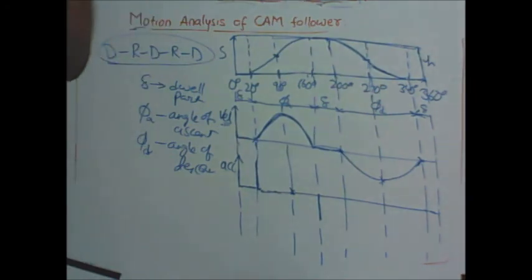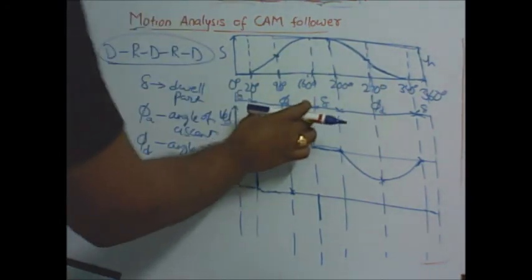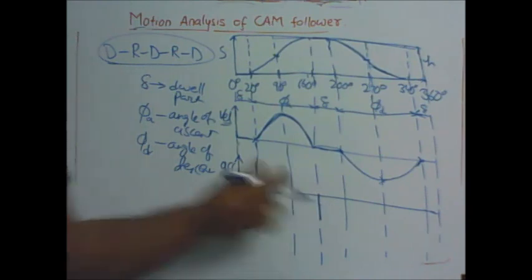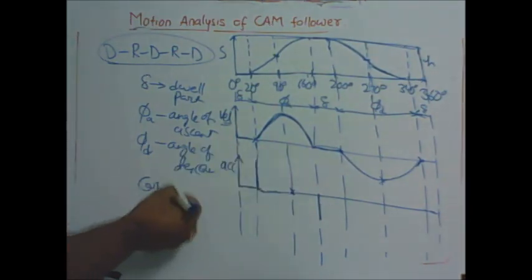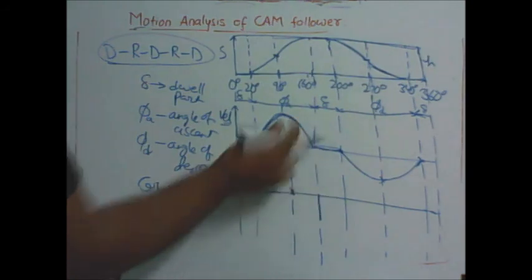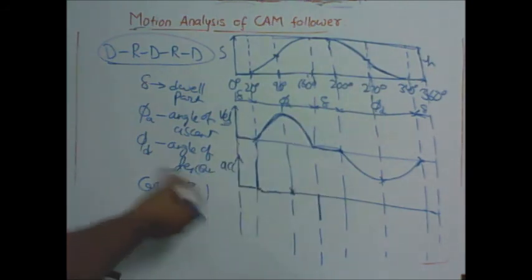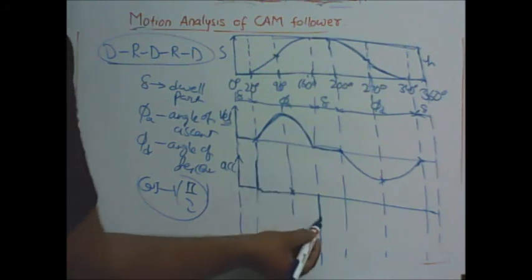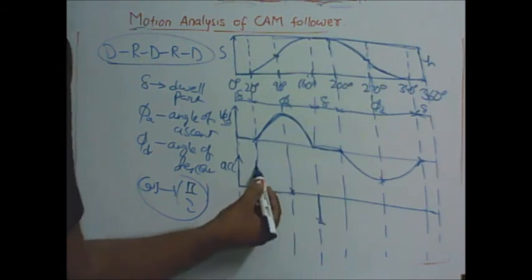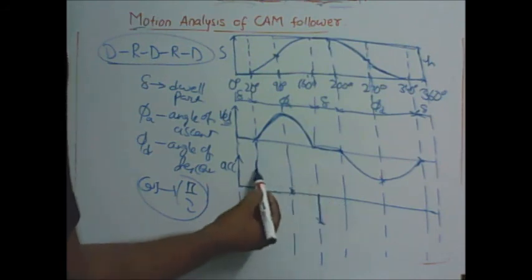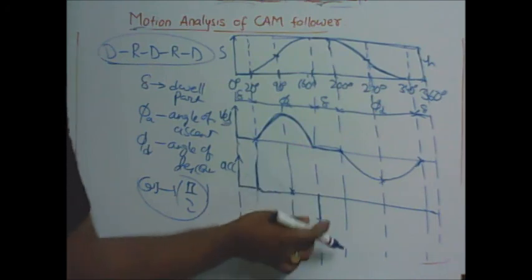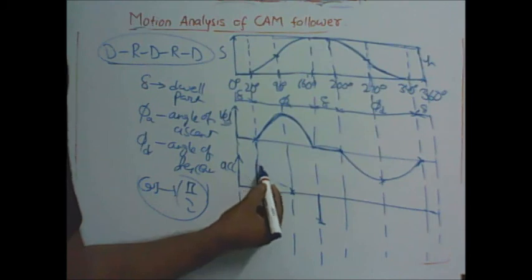Because at the midpoint, the angle in the brackets of the cos function becomes phi by 2, so cos phi by 2 will be 0. Again this will be maximum on the negative side. So in phi a, we get two maximum accelerations, one on the positive side, another on the negative side, that is deceleration. So this curve will become like this.